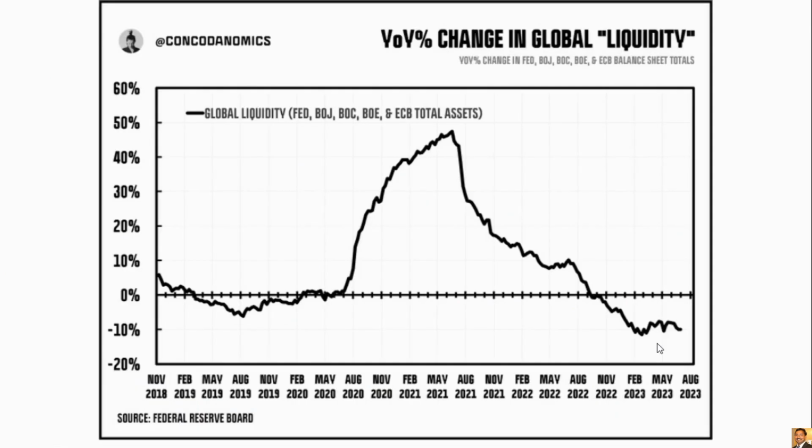And this is the euro rate change in global liquidity chart. If you see here, global liquidity is negative right now, which means the major central banks like the US, Bank of Japan, Bank of Canada, Bank of England, and the Euro are not increasing the money supply in the market in the last couple of months.